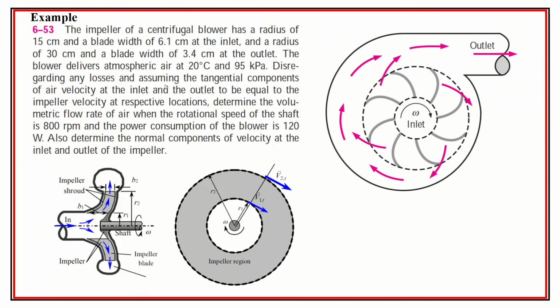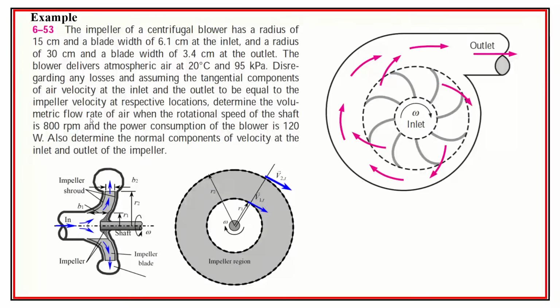Disregarding any losses and assuming the tangential components of the air velocity at the inlet and the outlet are equal to the impeller velocity at respective locations. I guess in a perfect situation that might be the case.